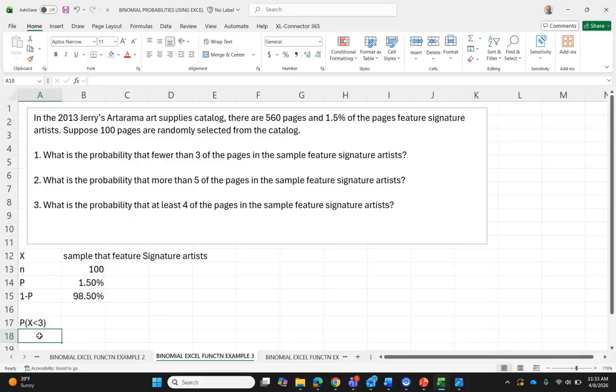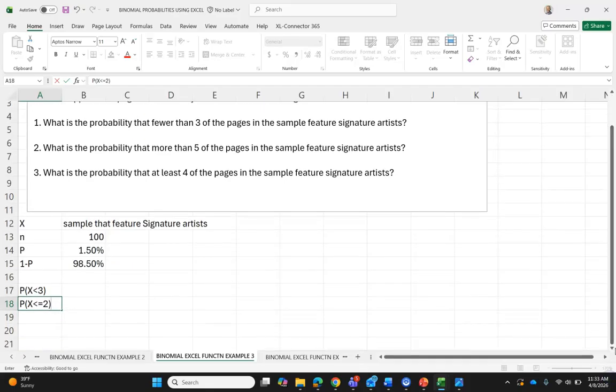So we need to bring this to at most. Which value should we start from to be less than 3? It is the probability of X such that X is less than or equal to 2. So now we have brought this to at most.